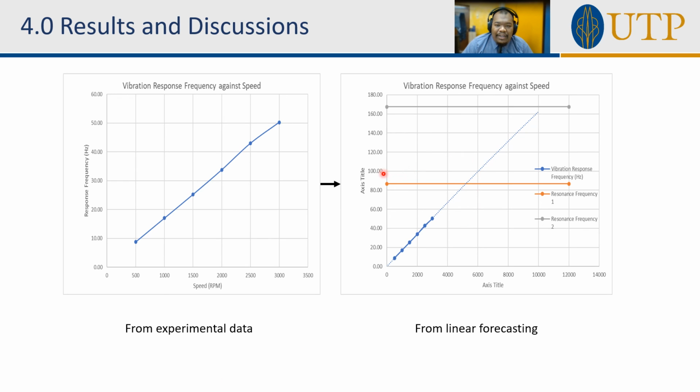It can be seen here in the graph that the engine will only resonate on the 7th mode shape when the resonance frequency is 86.68 Hz, and the speed of the engine at that time is around 5,000 RPM. And the engine can safely operate up to 10,000 RPM without encountering the next mode shape, which is at around 187 Hz.